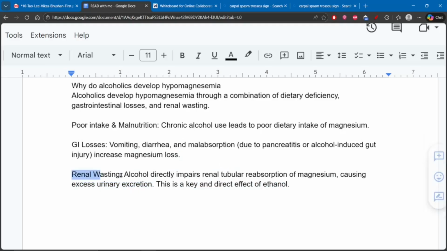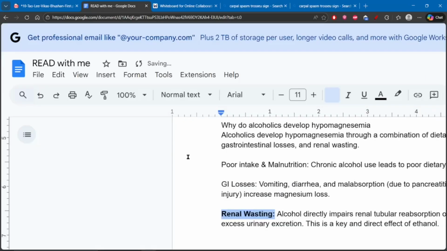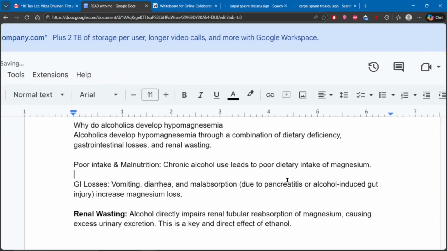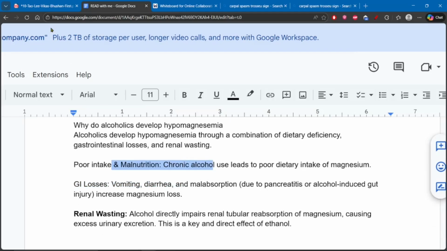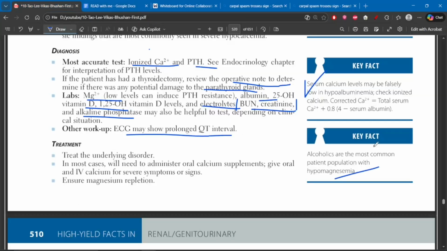This is the most important effect. The renal wasting effect is the most important, and after that I would say the GI loss effect is more important, such as vomiting, diarrhea, and malabsorption. So these two effects you have to remember. And of course, you can also remember that alcohol causes malnutrition. That's also a part of it. So that's how alcoholics are more prone to hypomagnesemia.